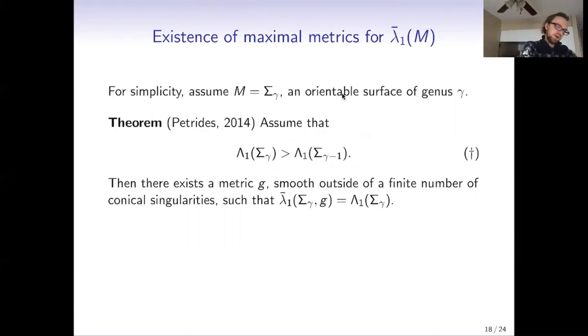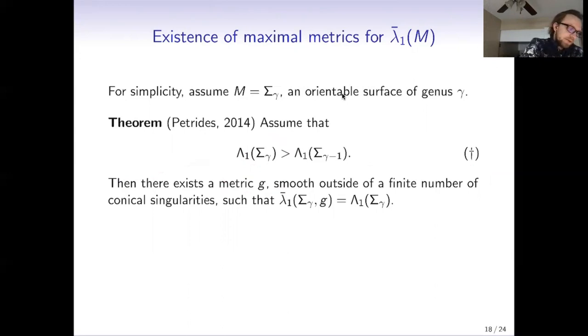He's saying that if this is true, then there exists a metric which is smooth outside a finite number of conical singularities. Let me comment about this condition a little bit. Why is this condition first natural and second necessary?